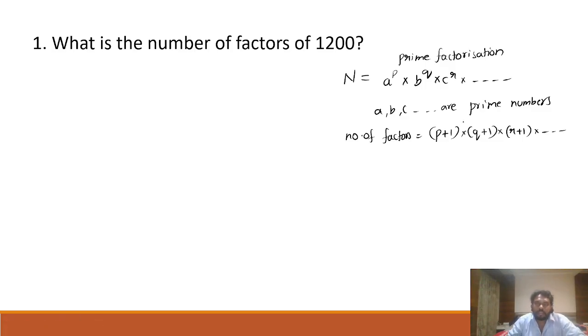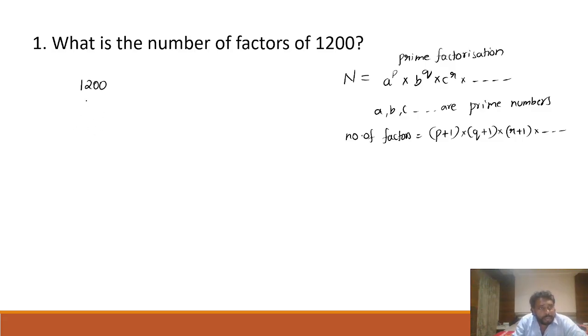This is a basic idea, guys. What we need to do here is take the number 1200 and do prime factorization. Don't start by writing 2 into 600, 2 into 2 into 300. You are not in schooling now.